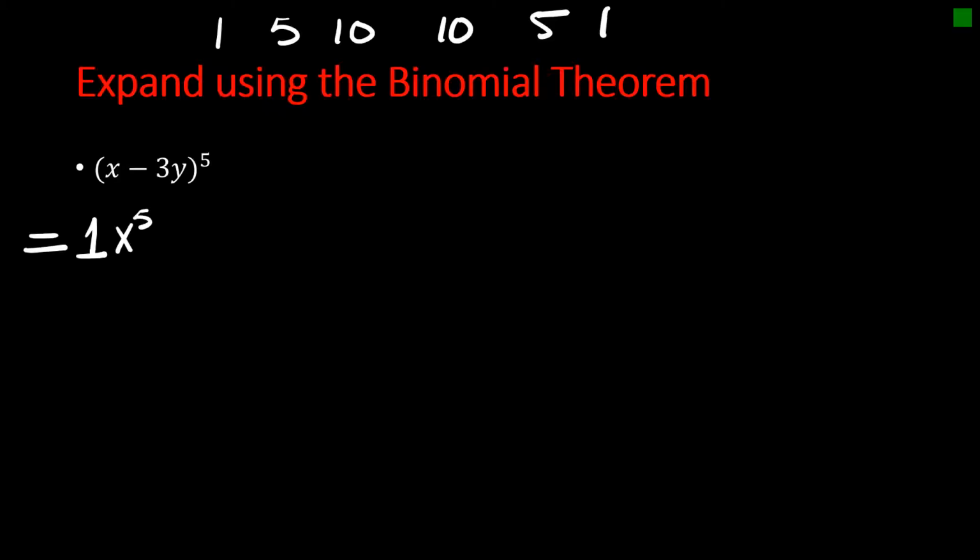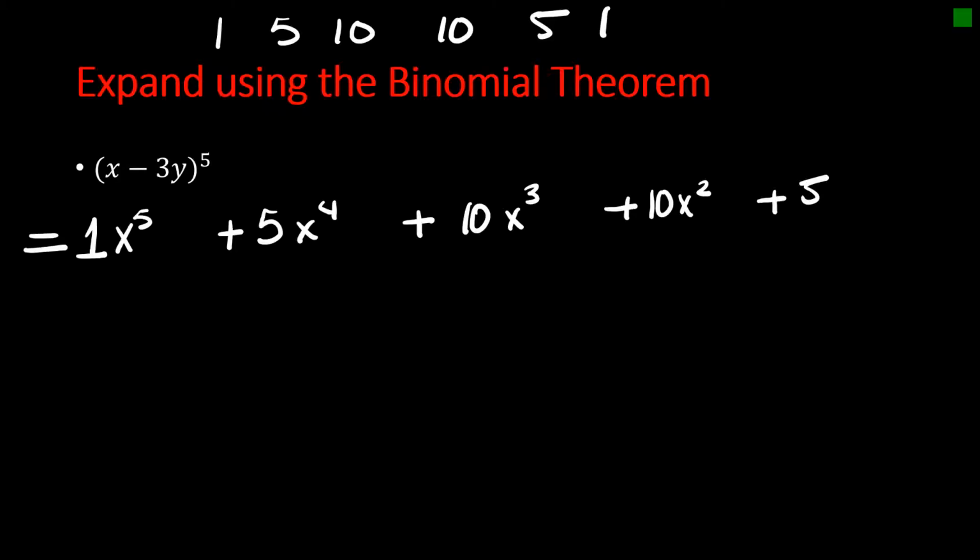I'm going to have x to the 5th. And then I'm going to write my 5, and I'm going to have x to the 4th. And then I'm going to write my 10, and I'm going to have x cubed. And then I'm going to write my other 10. I'm going to have x squared. And then I'm going to write my 5. I'm going to have x. And then I'm going to write my 1.